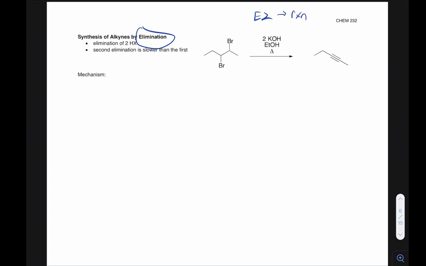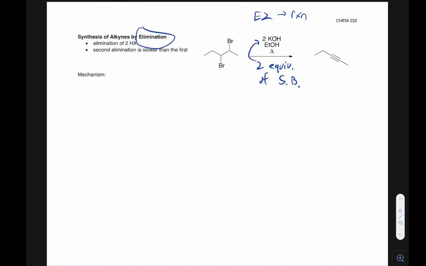We have a strong base, polar protic solvent, and heat. What you want to notice is that we have two equivalents of a strong base. So we're going to do that E2 reaction not once, but twice, okay, to make our final product here.